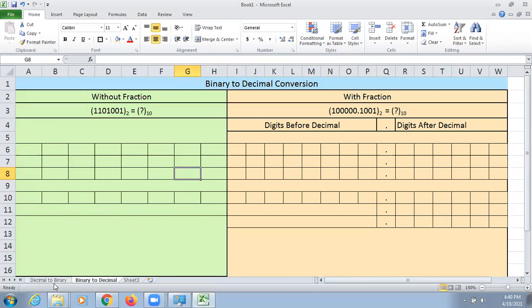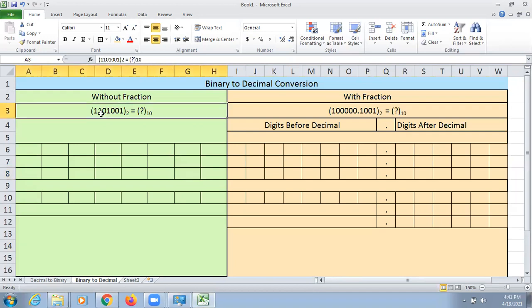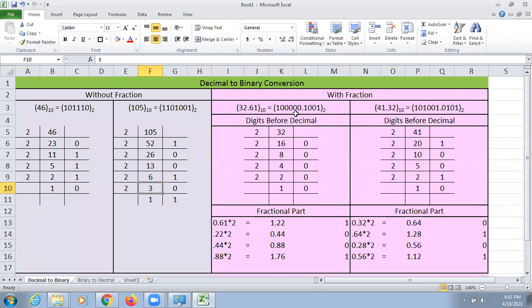So I'm taking the same example so that you can check also. I am taking the same digits, 11011001. I have to convert this number into a decimal number now. Similarly, for the fractional question also, I have taken the same question, 32.61.